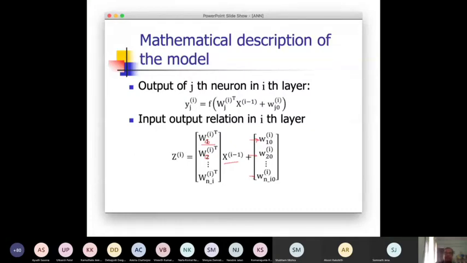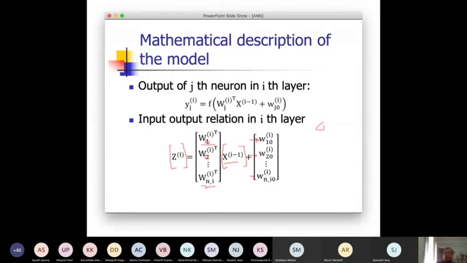Since there are n_i neurons in the ith layer, you have so many weight vectors. So what is the dimension of this matrix? Can anyone tell? If I look at the dimensions, we will be able to understand. This is the dimension of the net input.